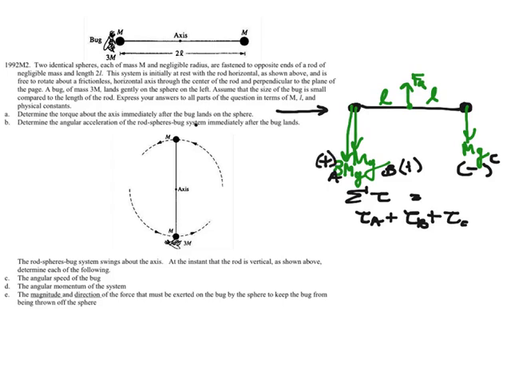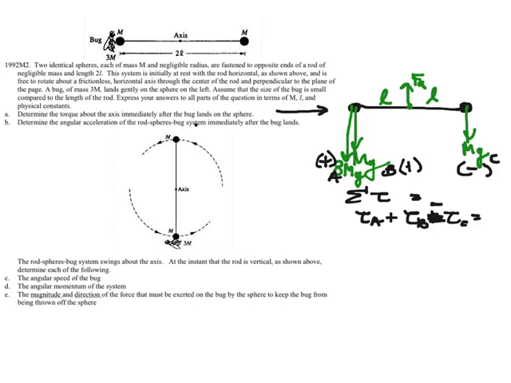So I'm going to put a negative sign in front of the torque from C. We're not setting it to ma or I alpha because we just want to know the net torque. We don't yet want to know the acceleration.